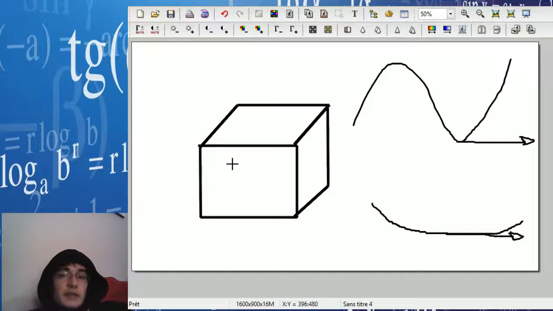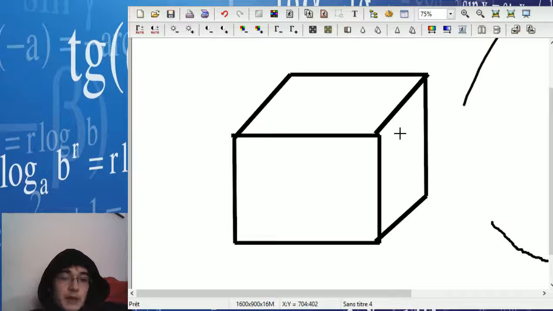So you have this cube, and you can put many things on it, many letters, as much as you want. You can put mu, which is the volumic mass. Sorry, I don't know why it got out of my mind.